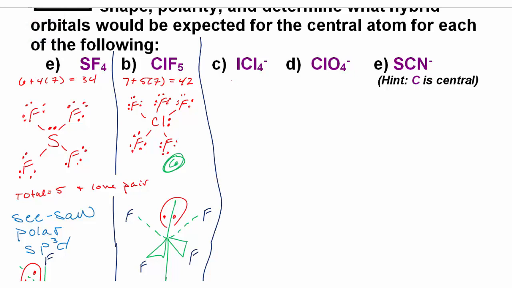The iodine tetrachloride anion. 7 plus 4 times 7, and an extra 1. So my valence total is 36. Iodine in the center, surrounded by 4 chlorines.